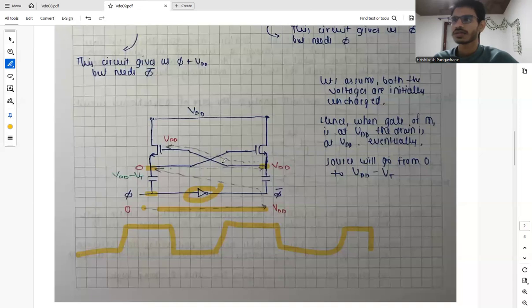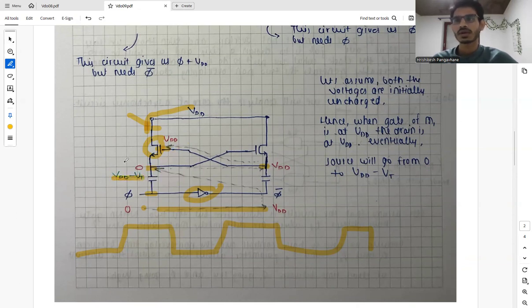Then this VDD is provided to the gate of this NMOS. And if VDD is provided to the gate of this NMOS, the drain of this NMOS has VDD from here itself. So we have drain at VDD, and gate at VDD. Then its source, or this terminal, will become VDD minus VT.